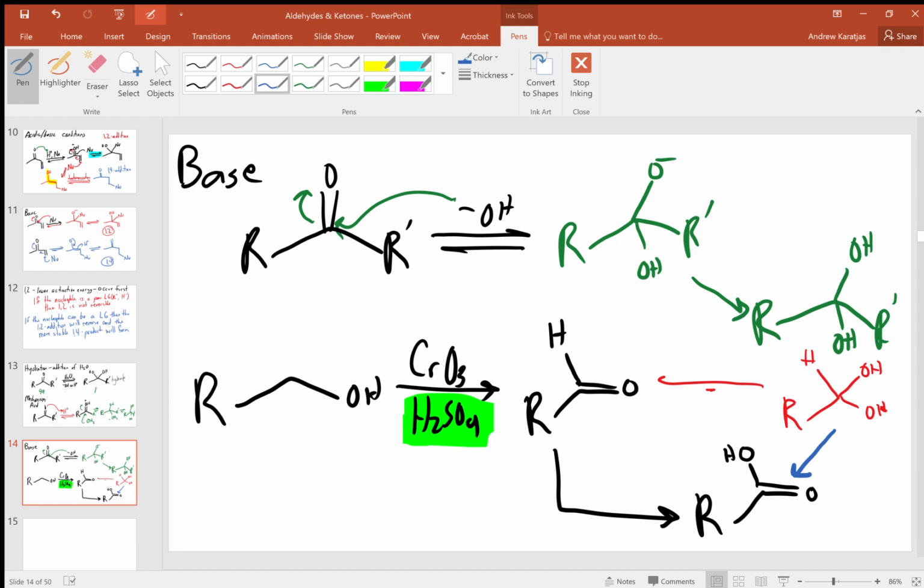So while under most circumstances hydrate formation is not a terribly important reaction, in certain situations like this one, it can be and is a very, very useful reaction.